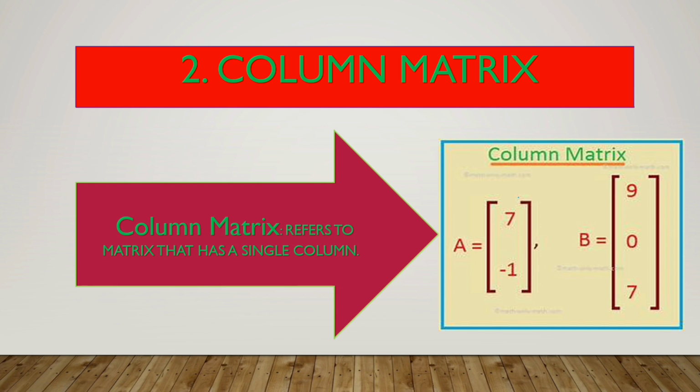Nkuko hano murabona ko iyi matrices ifite column imwe ariko row ebyiri. So murabibona na hano ifite column imwe ariko row eshatu. Nubwo rows zaba ari nyinshi, ipfa kuba ifite column imwe, iyo iba ari column matrices. Let's move on next.